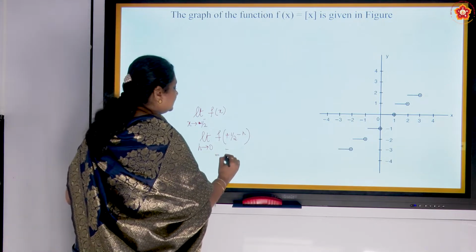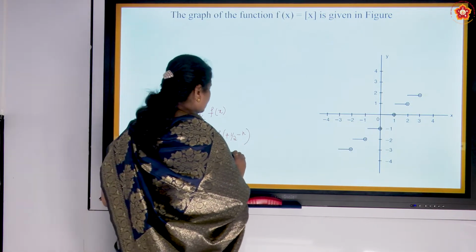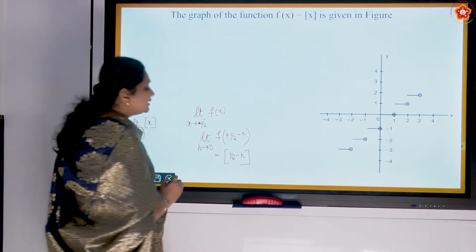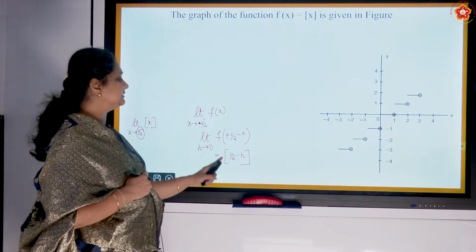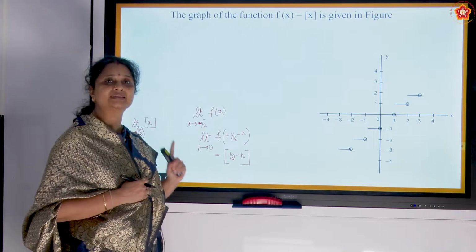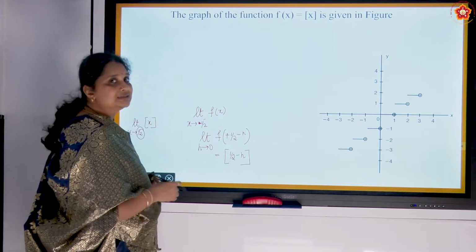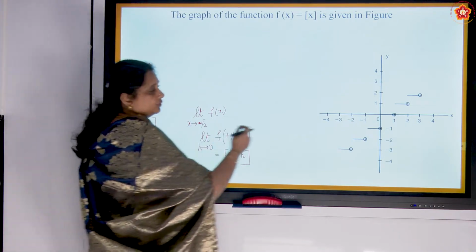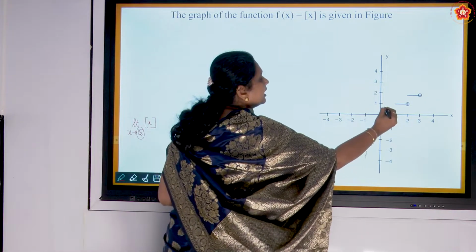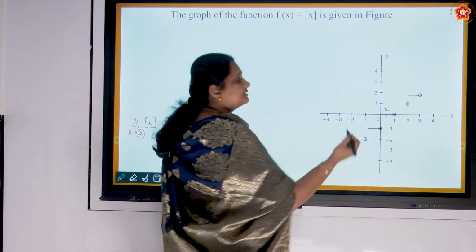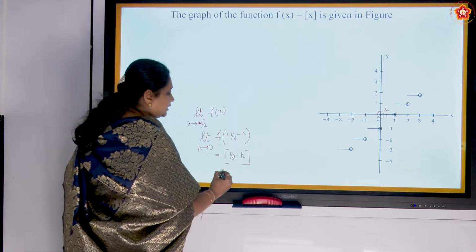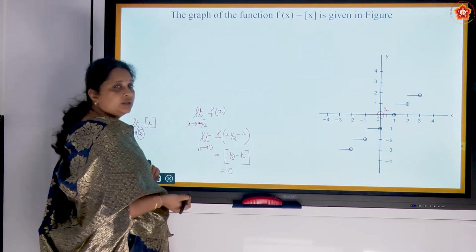So, this is the greatest integer function of half minus h. What is the greatest integer value that this function can take? Obviously, you can see that to the left of half, my half is here, the greatest integer value that it can take is definitely 0 only. So, my answer will be 0 here.